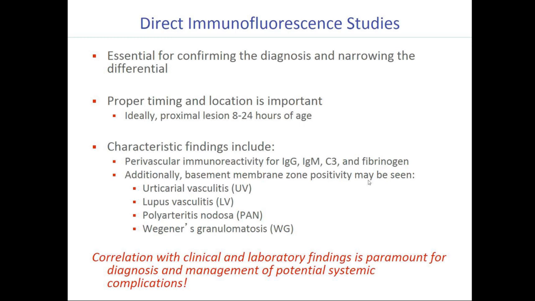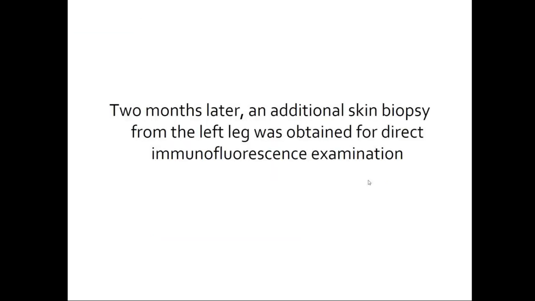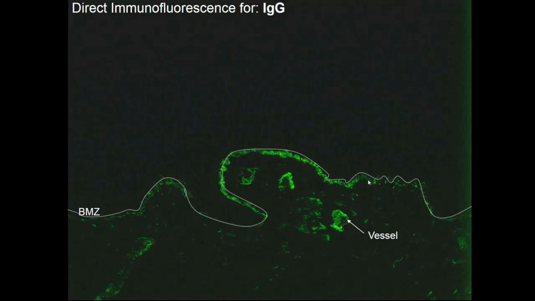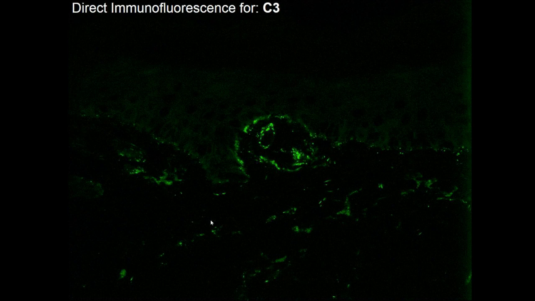So going back to this patient, 2 months after his initial consultation, a second biopsy was obtained for direct immunofluorescence. His immunofluorescence showed immunoreactivity for IgG around the vessel wall as shown here, but in addition along the basement membrane zone in a granular, not linear pattern. There was immunoreactivity also for C3 and IgA.